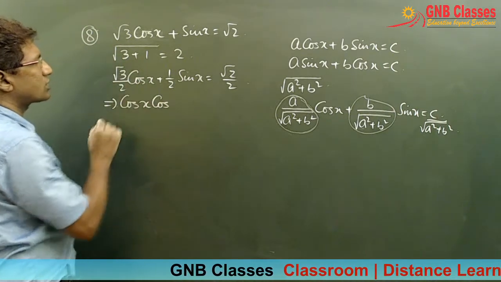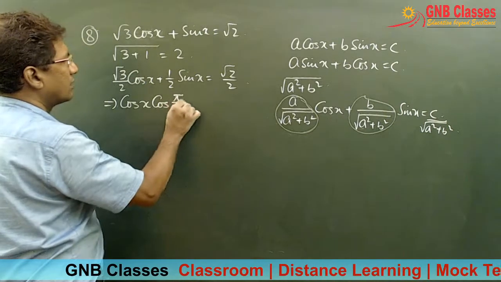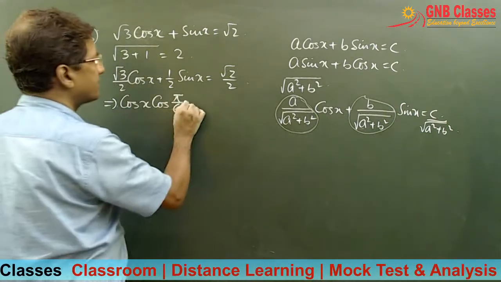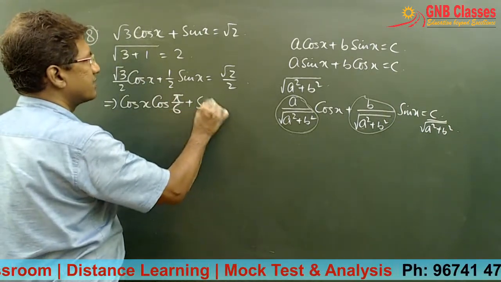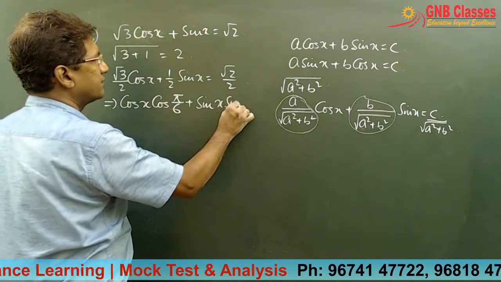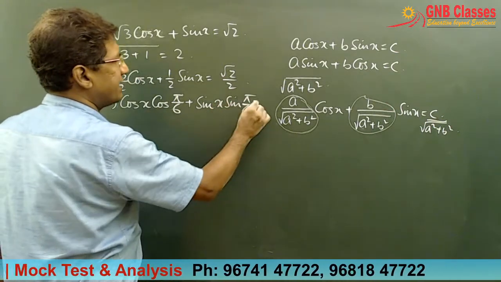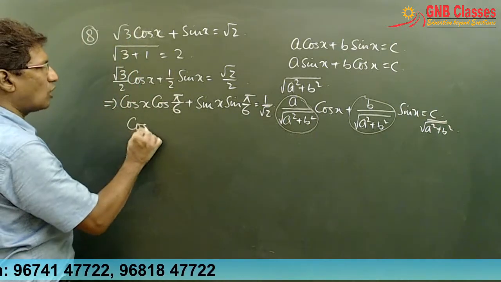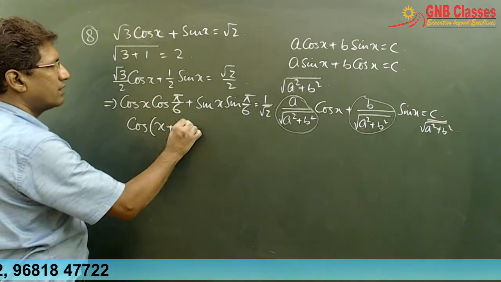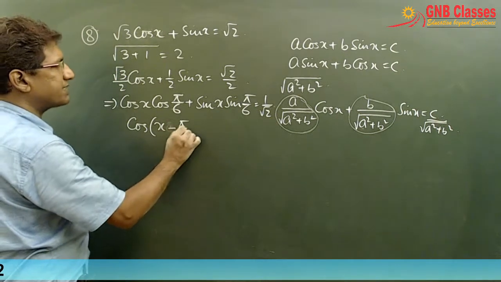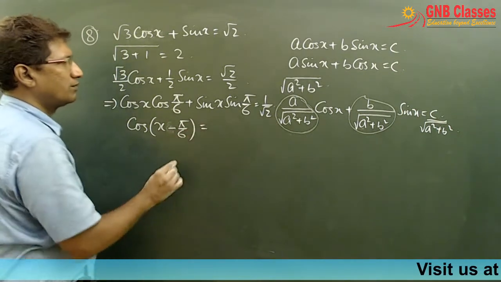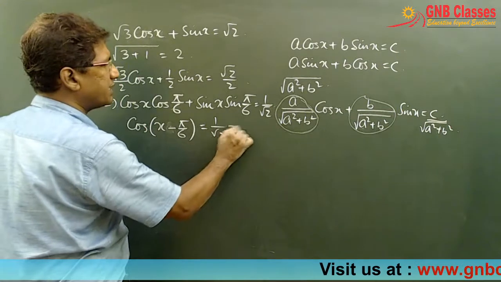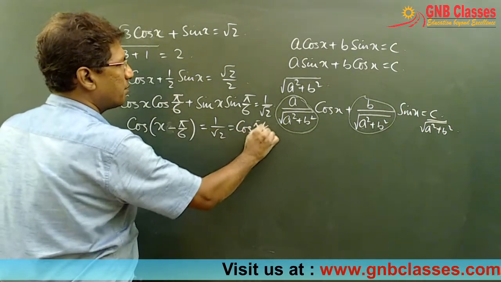Cos x cos pi by 6 plus sin x sin pi by 6 equals 1 by root 2. So we are getting cos of x minus pi by 6 equals 1 by root 2, which is nothing but your cos pi by 4.